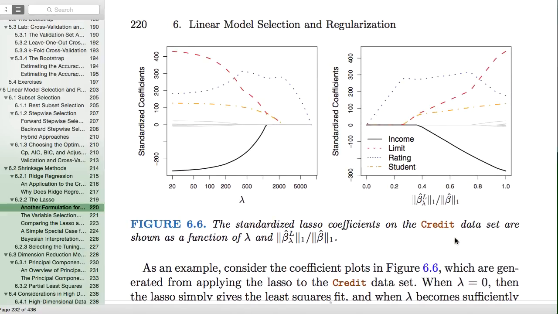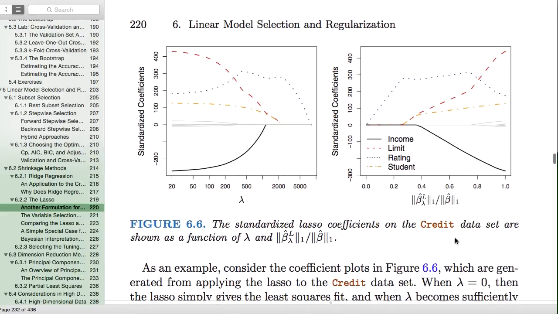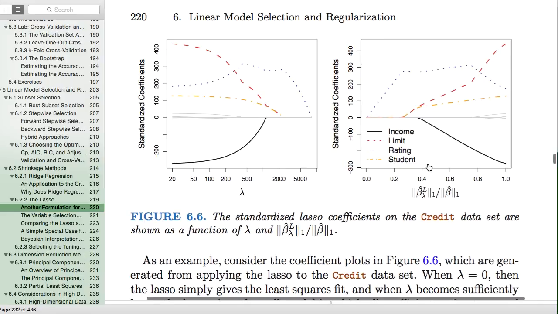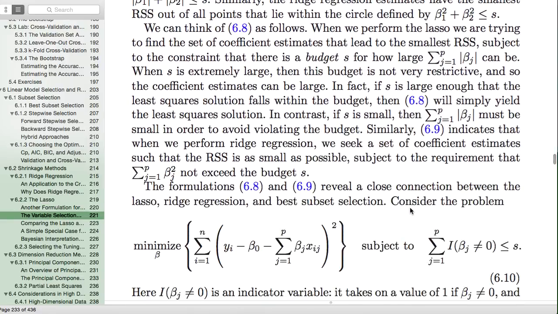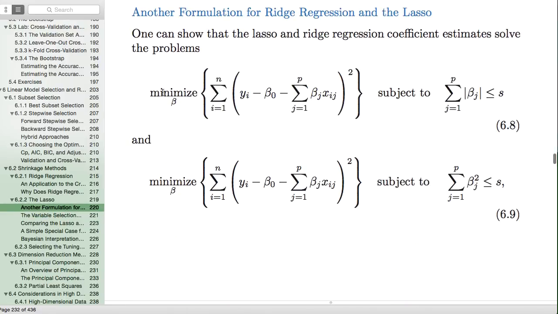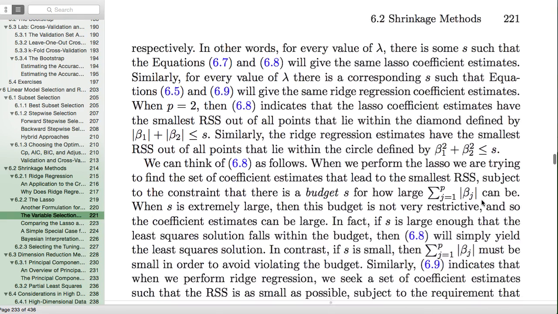So these are the lasso coefficients as a function of lambda and as a function of the L1 norm. And this is just an alternative formulation so that you can see that it's minimizing some quantity subject to the constraint that these two quantities, this is lasso and this is ridge regression, are less than some threshold.